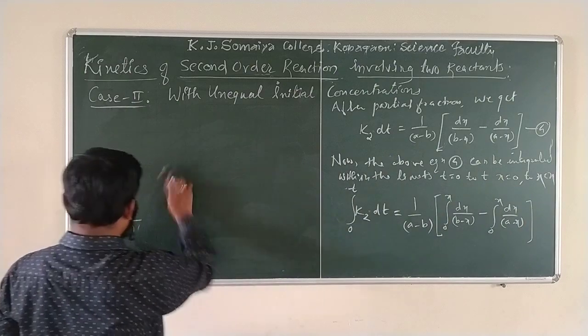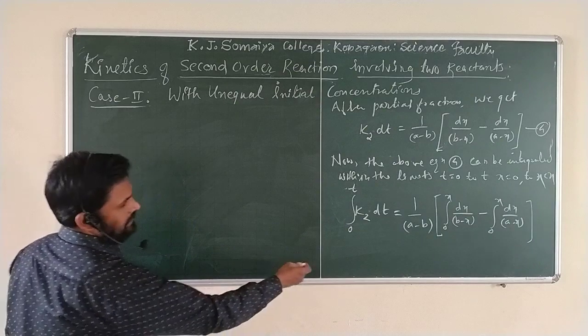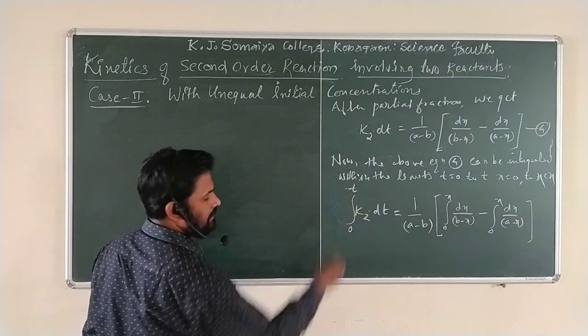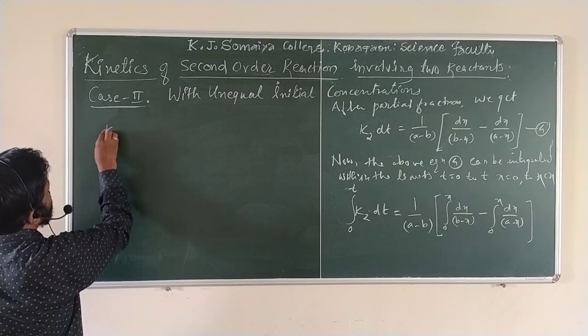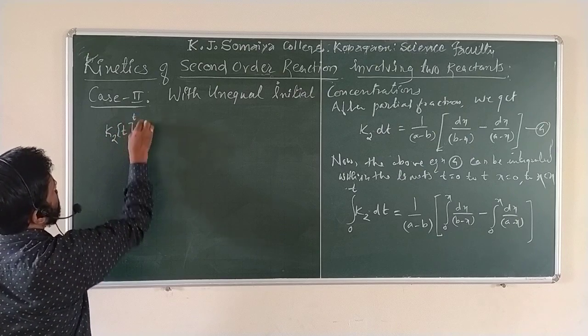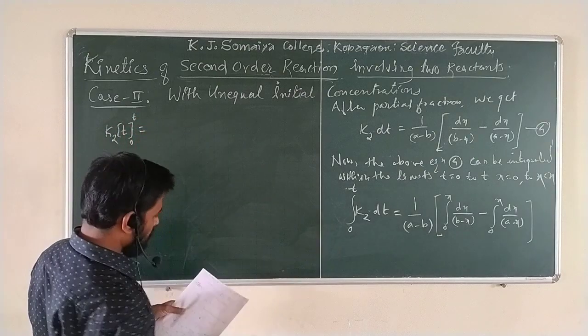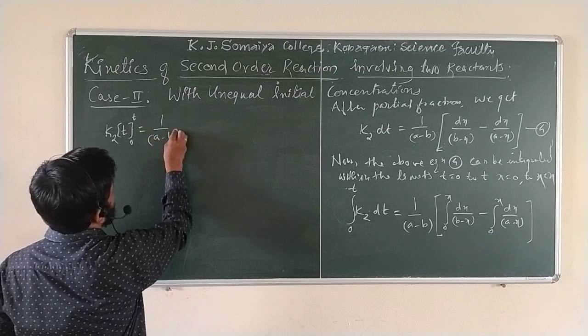How can it be simplified now? This is very simple. For dt you will get t within the limits, with K2 as it is, so I write K2 t from 0 to t. Then you will get 1 upon (A minus B).